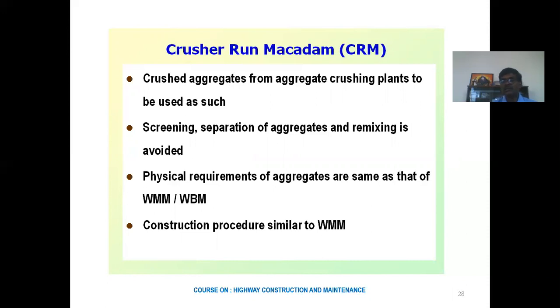In the crusher, different sizes of aggregates are stockpiled separately, let's say 20 mm, 12 mm, 6 mm, and then they are transported to the pug mill, loaded into different hopper bins, and mixed in the required proportion to have the required gradation of wet mix macadam.